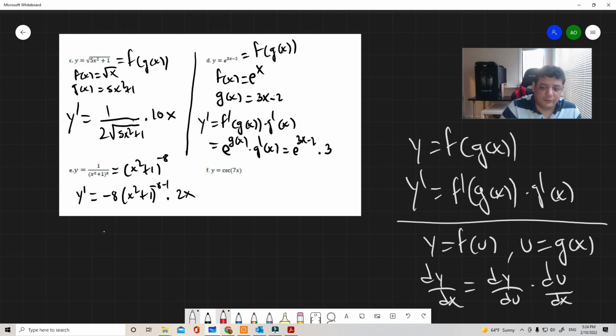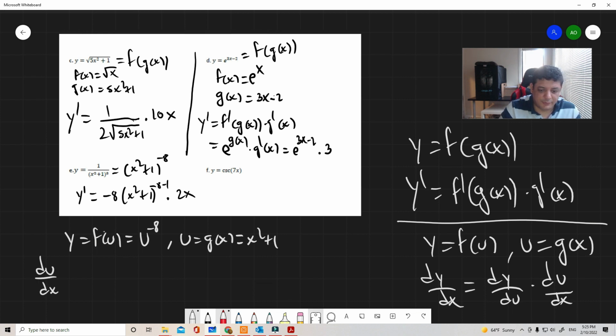But we can also say, okay, I can think of y equals f of u as u to the minus 8, and I can think of u equals g of x as x squared plus 1. And so in that way, if I do du/dx, that's going to be 2x, which is the derivative of this.